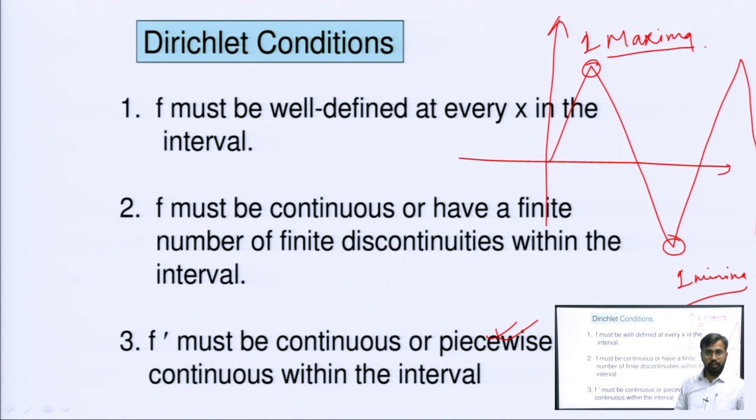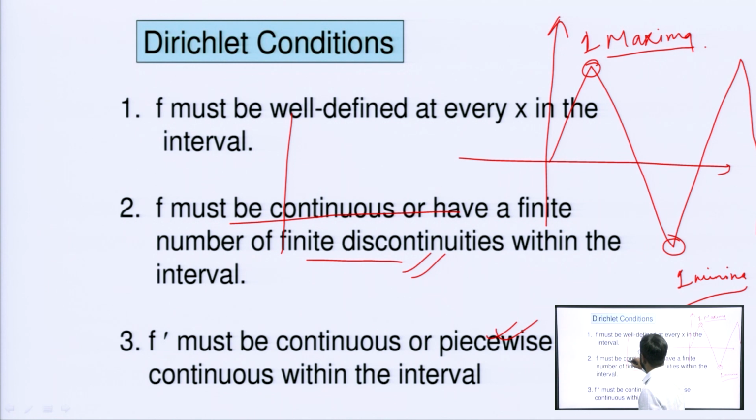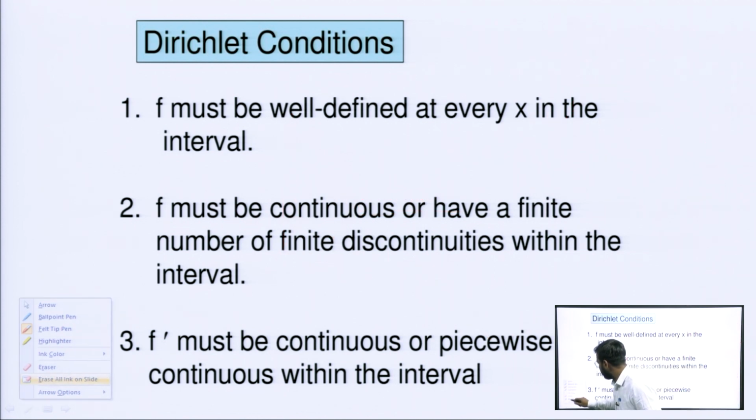For discontinuities we have a condition that they should be finite; similarly, we must have a finite number of maxima or minima. Whereas, suppose I draw a signal like this, you can see there are lots of maxima and lots of minima. Let me draw it on a broader scale.